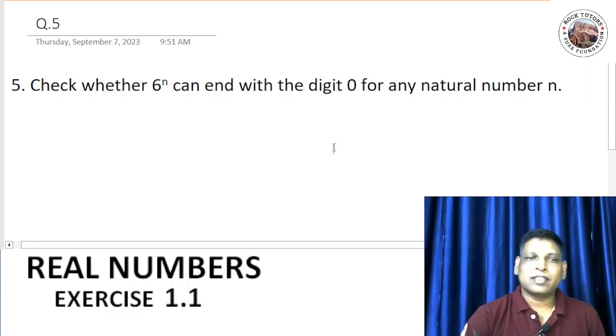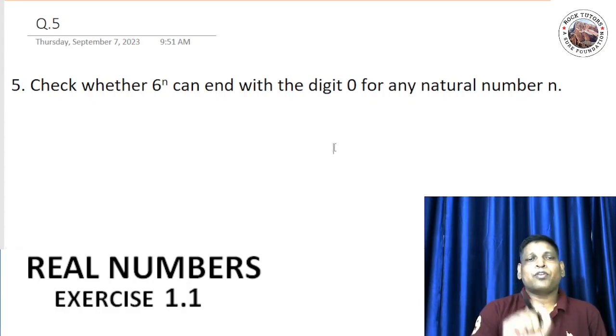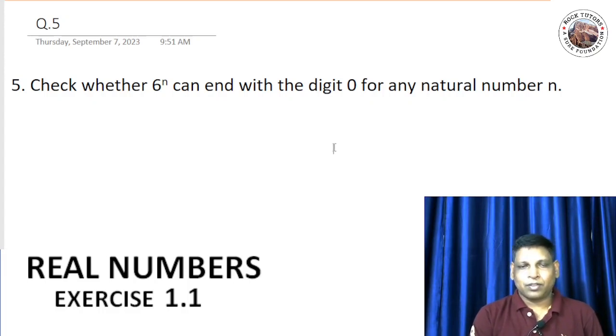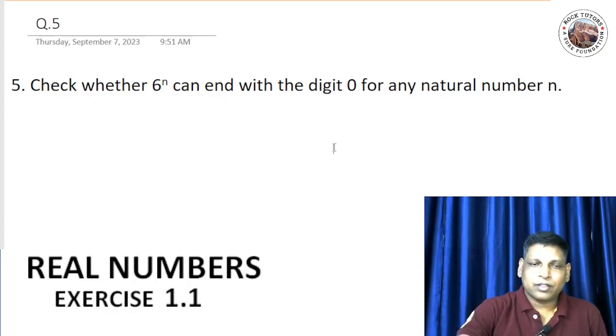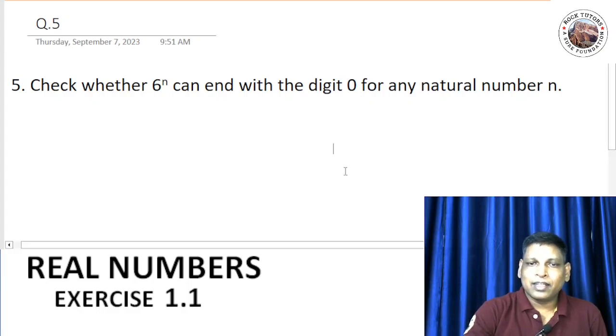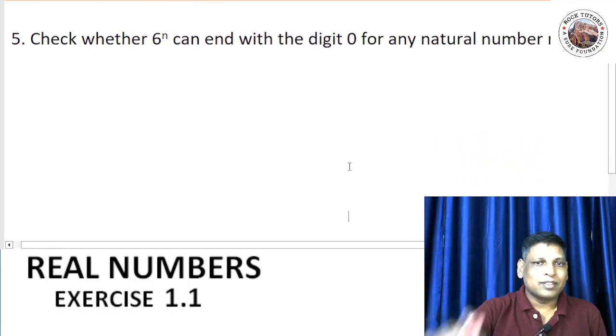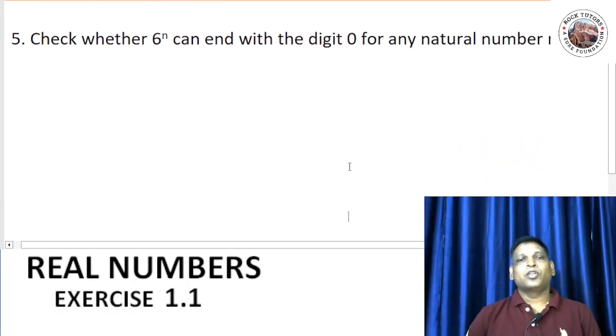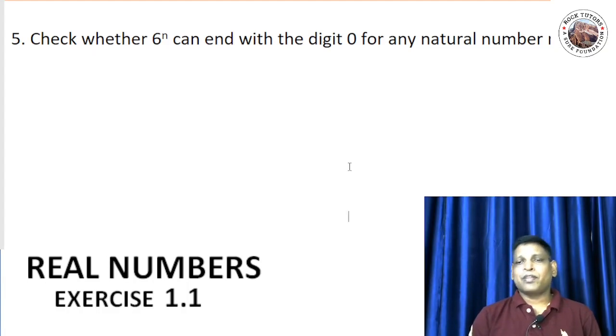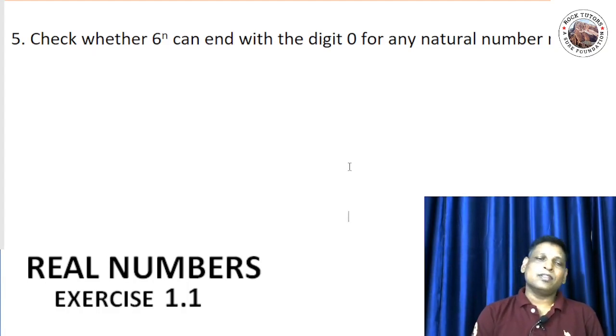We discussed this in the first example, where 4 power n was checked for ending with the digit 0. Any number ends with 0 means that number must have 2 and 5 as factors. If the number is divisible by 5, it definitely ends with 0.